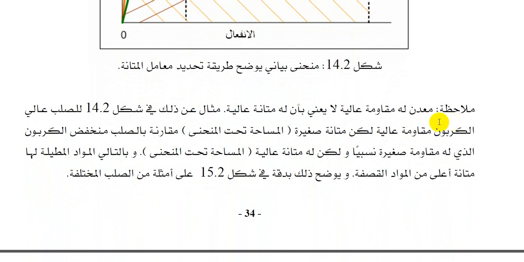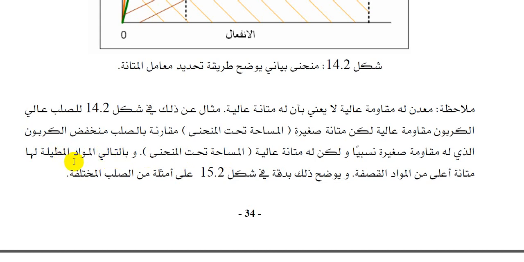Notation: any metal that has high resistance necessarily possesses a higher toughness. For example, in figure 14.2, the high carbon steel has a high resistance but a corresponding toughness, the area of the curve, as compared to the moderate carbon steel, which has a relatively high resistance but also high toughness at the same time, similarly represented by the area of the curve.